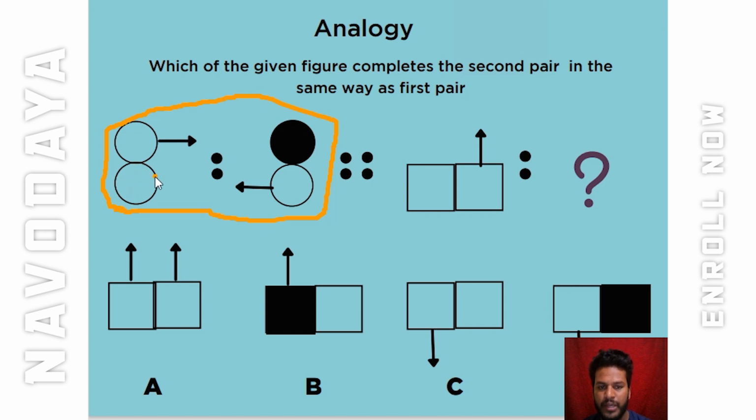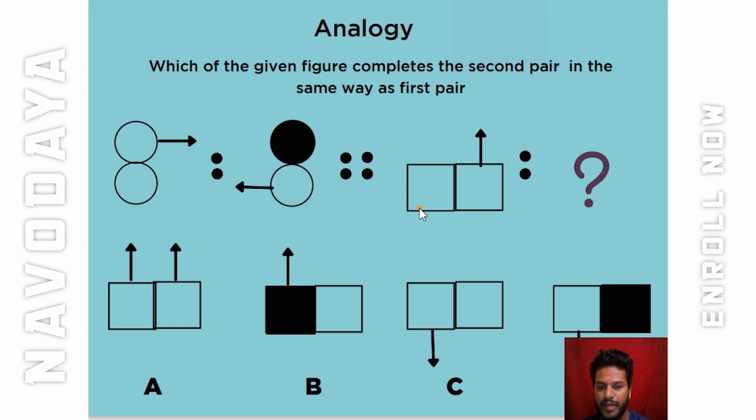So in the same way, we need to find the figure which matches. Is it clear? If you see a question pattern like this, analyze that this is an analogy. Is it clear?